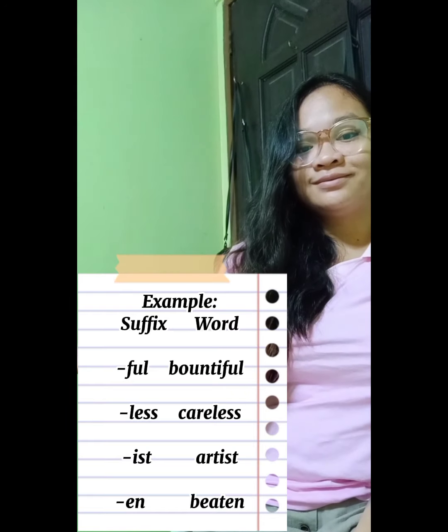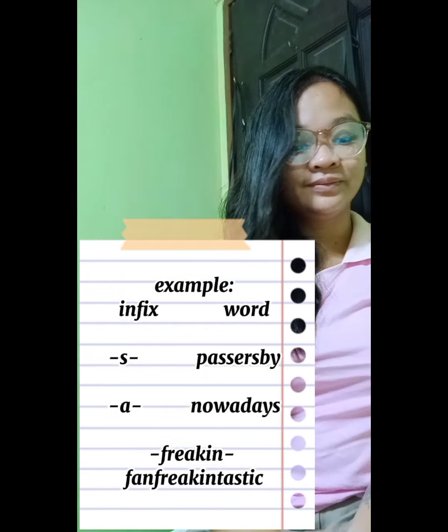Example, infixes. Infixes are inserted within the root word. And circumfixes are affixes that attach in two parts of the stem, a prefix and a suffix.